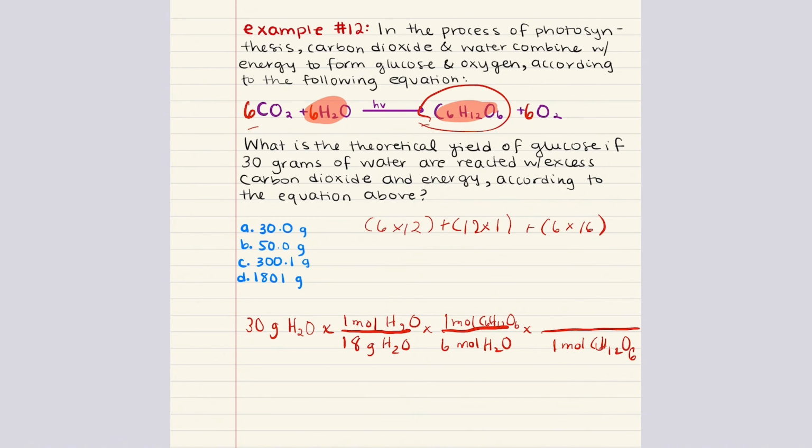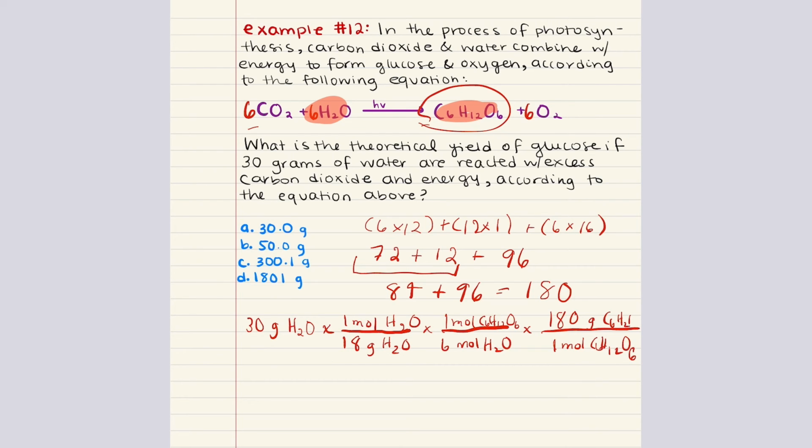So 6 times 12 is 72, plus 12, plus 6 multiplied by 16. 6 multiplied by 16 is equal to 96. Okay, let's add up these first. 72 plus 12 is 84, and then add 96 to that. That is essentially going to be 180. So our molar mass for glucose is 180 grams per mole.